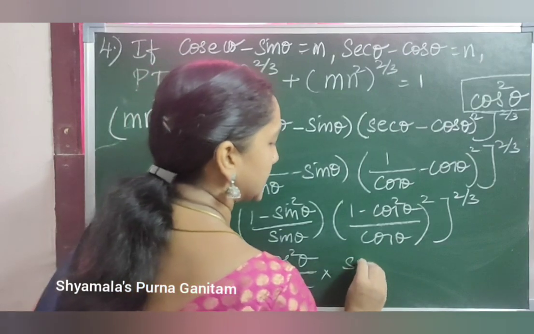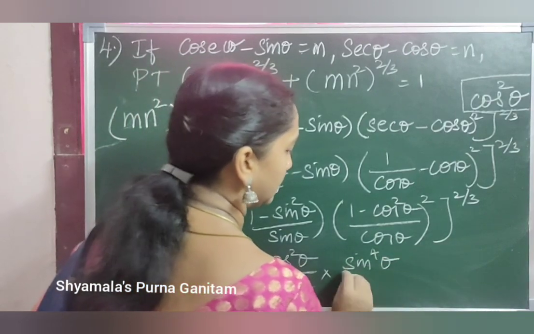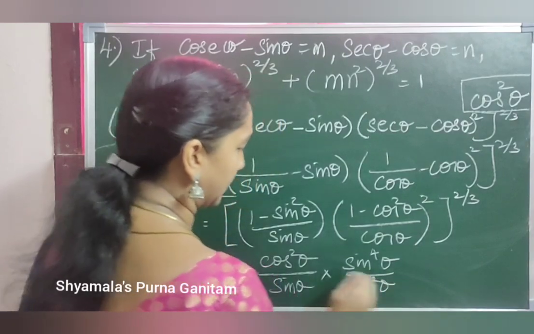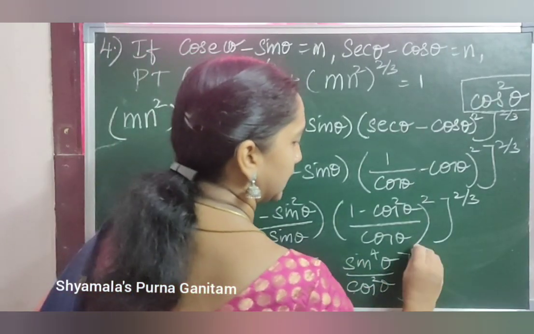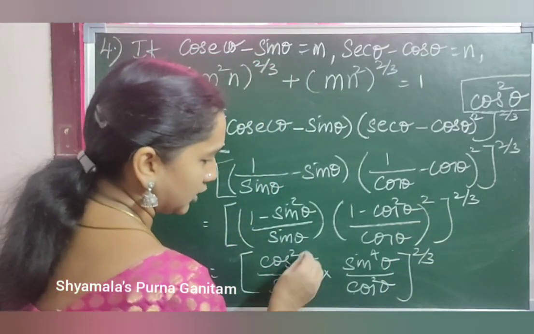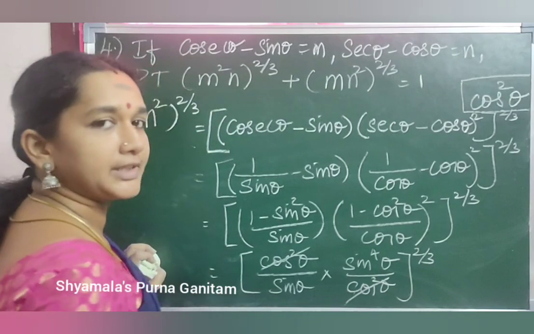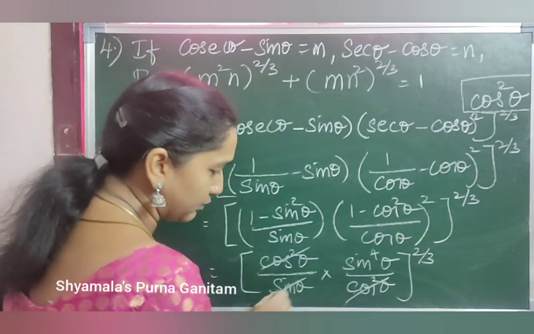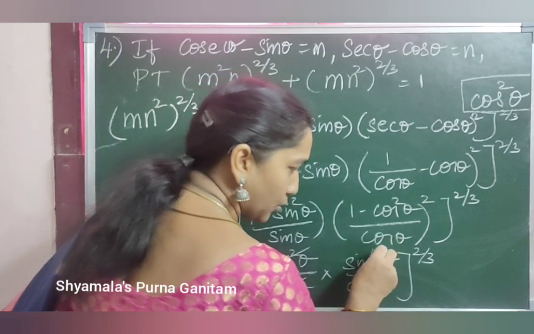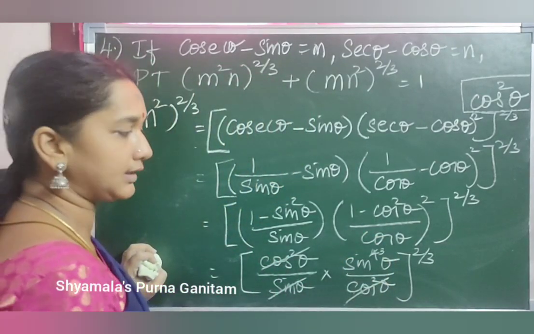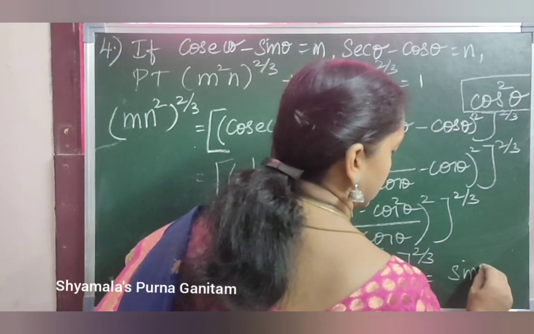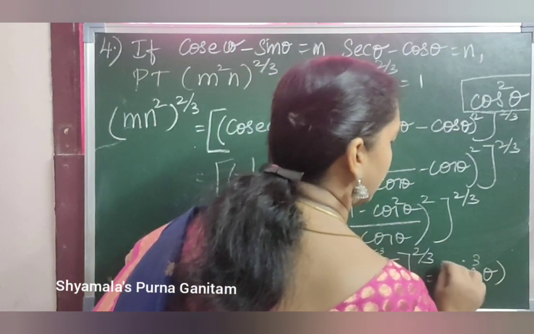So it will be sin power 4 theta by cos squared theta, whole power 2 by 3. Okay, so cos squared theta and cos squared theta will get cancelled. Same way sin theta, and here sin power 4 theta is there. So one sin will cancel. We'll get sin cube theta, so sin cube theta whole power 2 by 3.